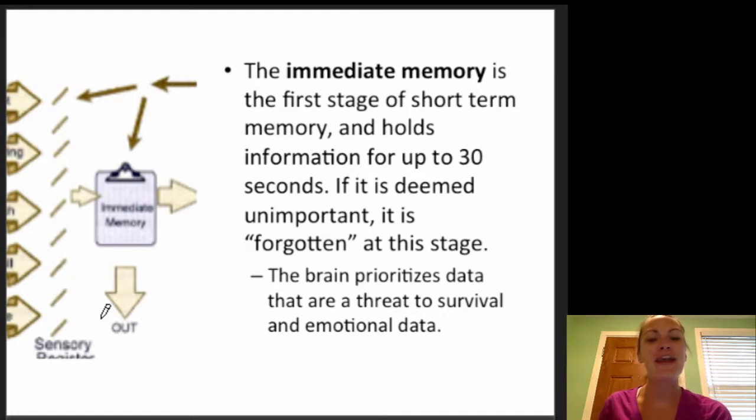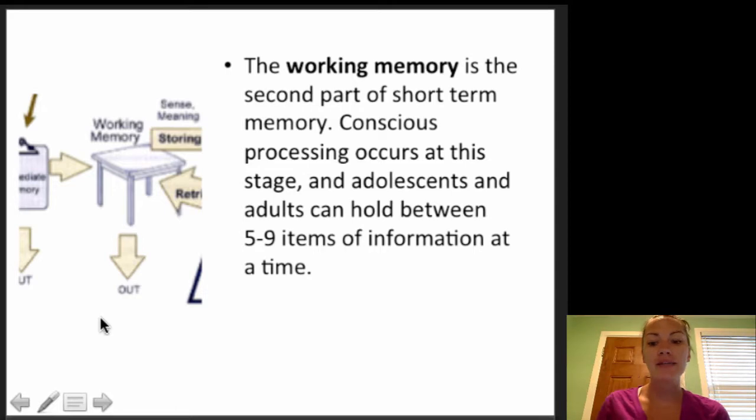The next stage of the short-term memory, so the second part of the short-term memory, is going to be our working memory, okay? And our working memory is going to be a conscious processing step, okay? Adolescents and adults can hold between 5 and 9 items of information here at a time, okay?